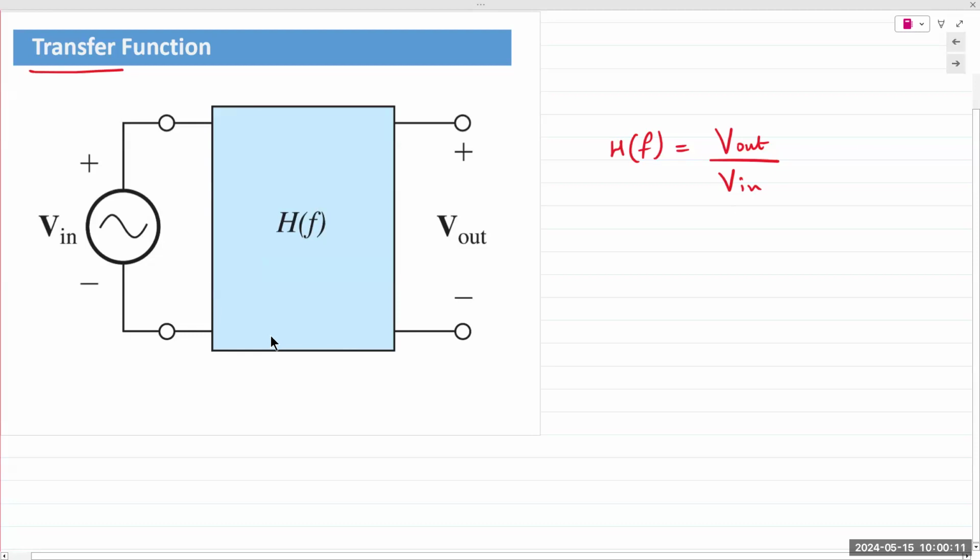V out and V in are phasors, hence H of F is also a phasor. It's a ratio of the output voltage to the input voltage. It is describing what it is going to do to the input signal. And because it's a ratio of voltages, it has no units.